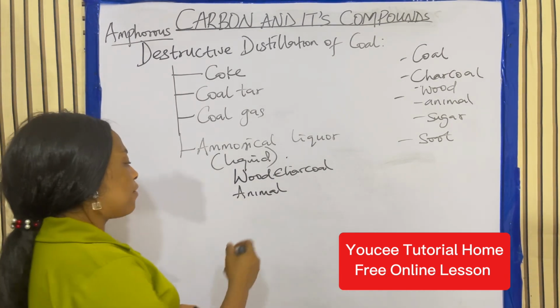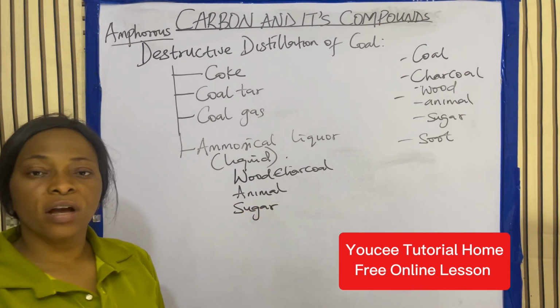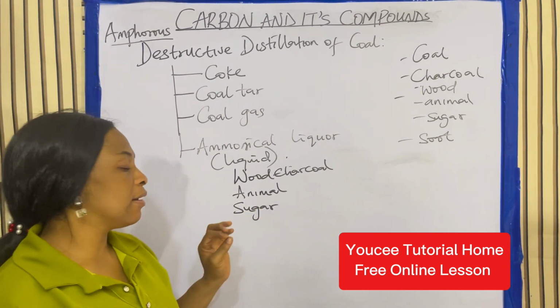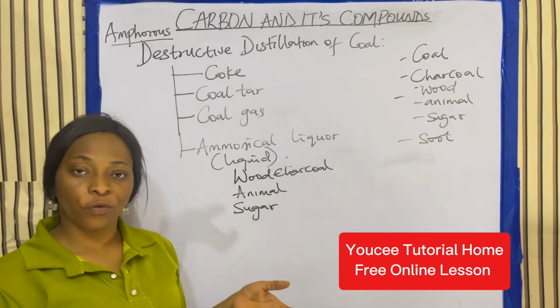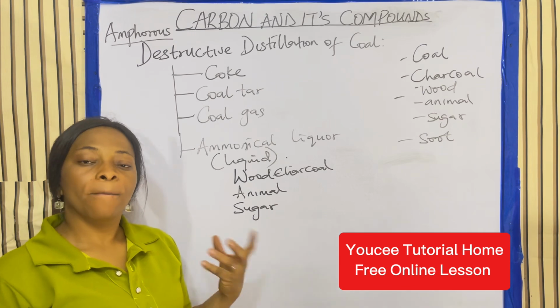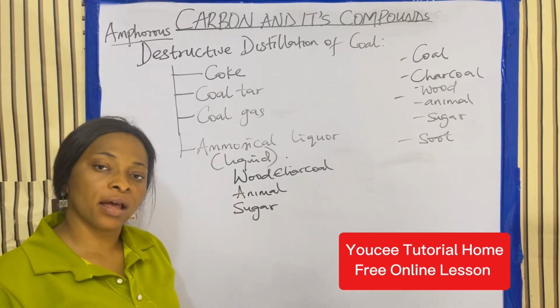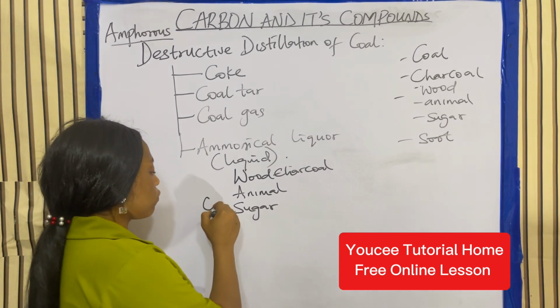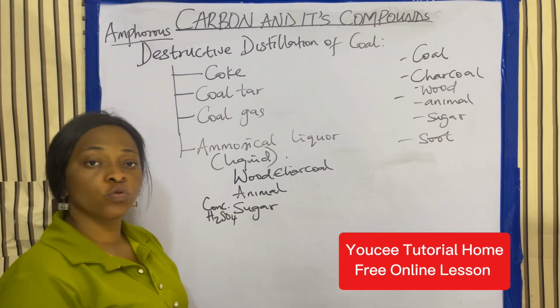Then we have the last but not the least, sugar charcoal. Sugar charcoal is obtained by burning sugar in the absence of air, or basically by dehydration. Dehydration means removal of molecules of water using concentrated tetraoxosulphate(VI) acid.